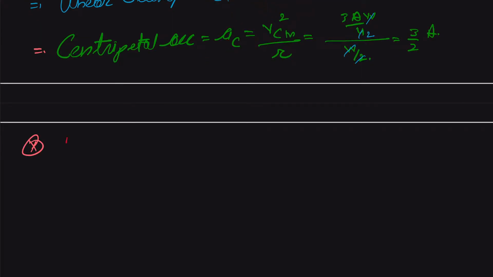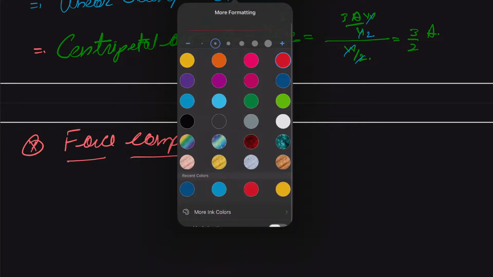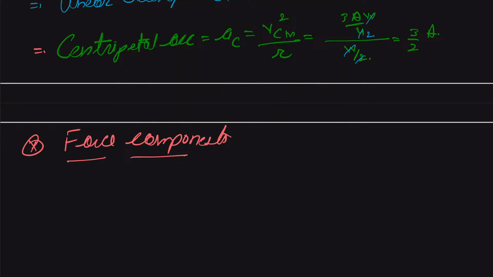So we have our force components, and we have a pseudo force of ma, which will be acting backwards on the center of mass. Let me draw it here again.